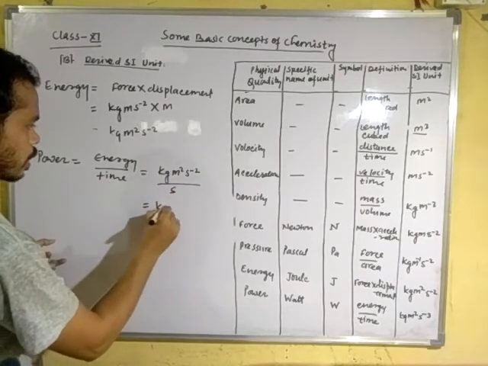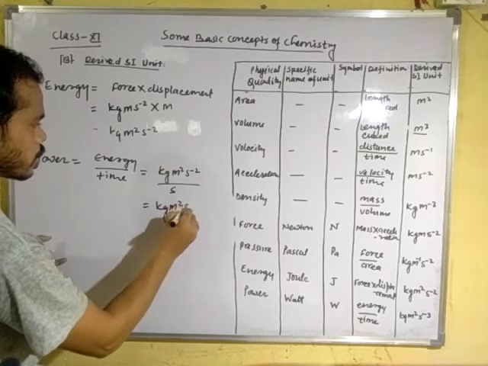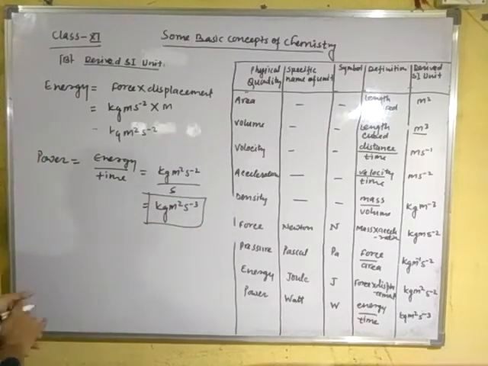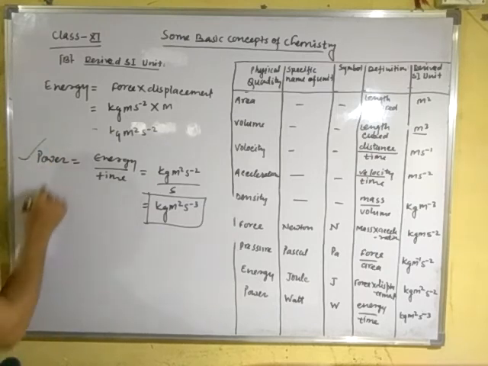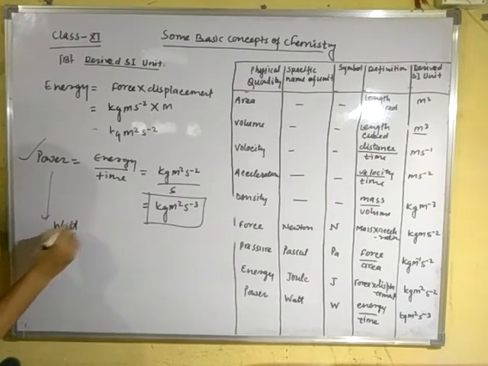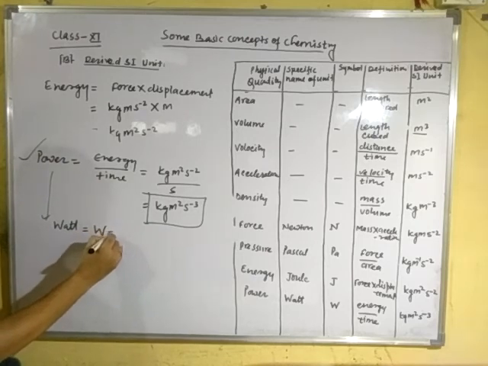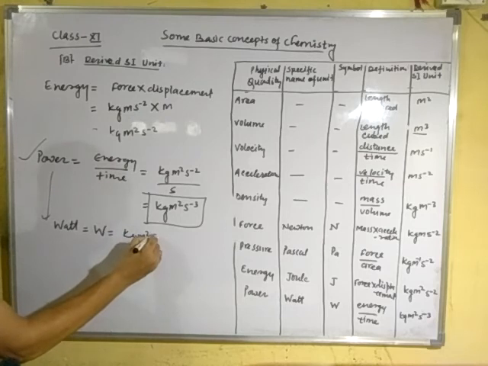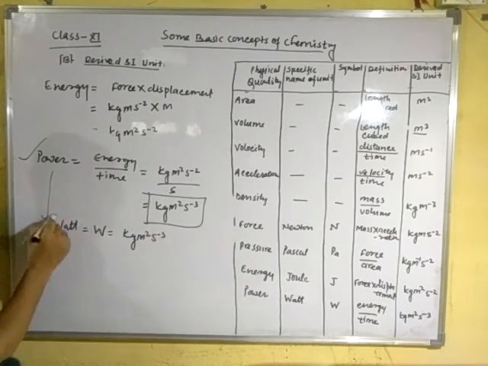That means kilogram meter square second power minus 3. This is the SI unit of power, and it is represented by watt, and in short W is equal to kilogram meter square second power minus 3.